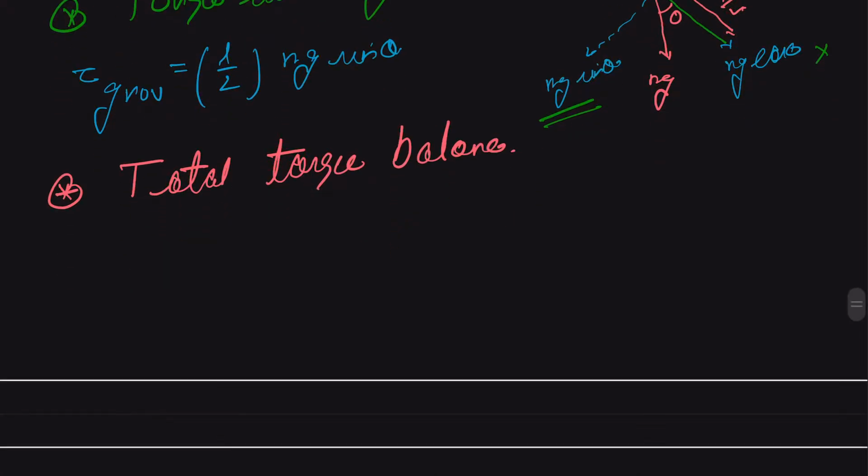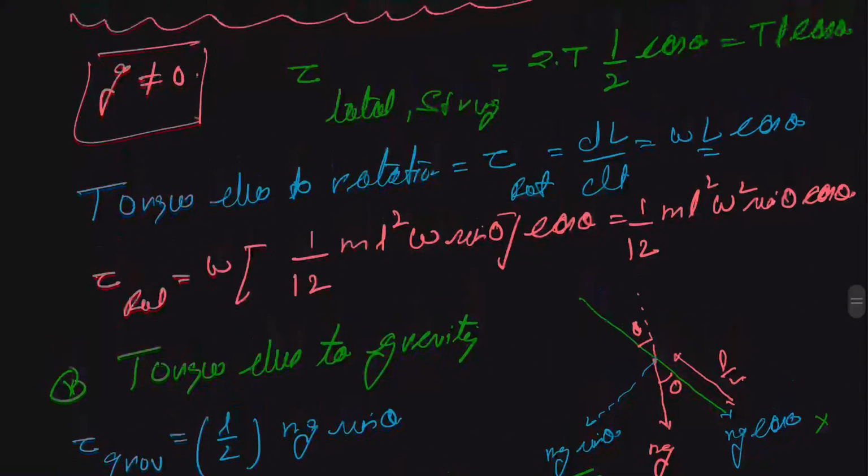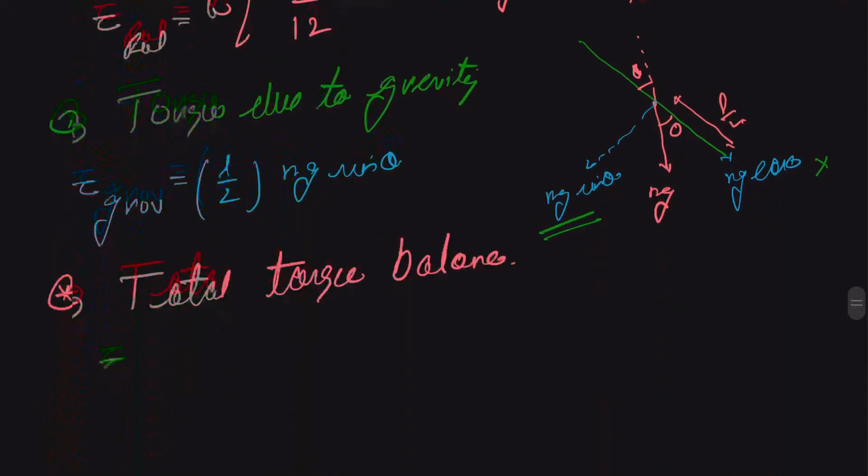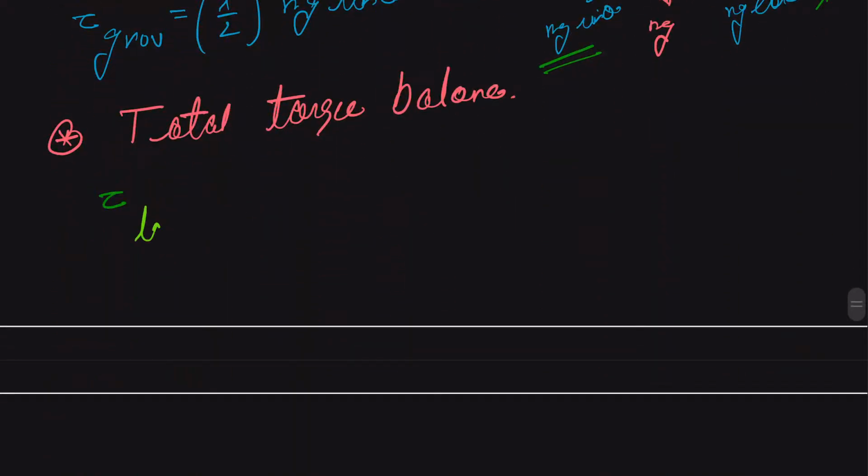We can write that our torque due to string, tau total string, will be equal to torque due to rotation plus torque due to gravity. Okay.